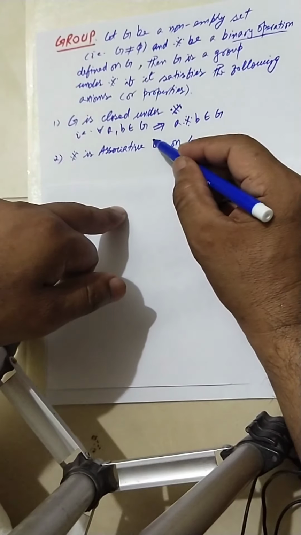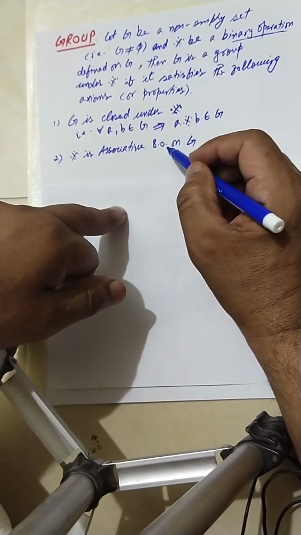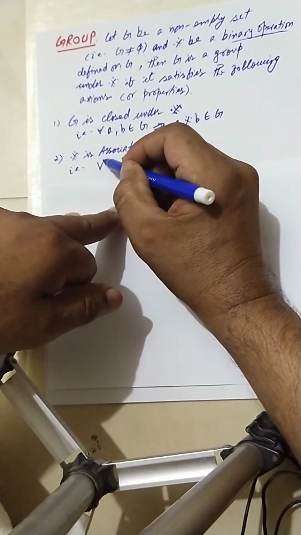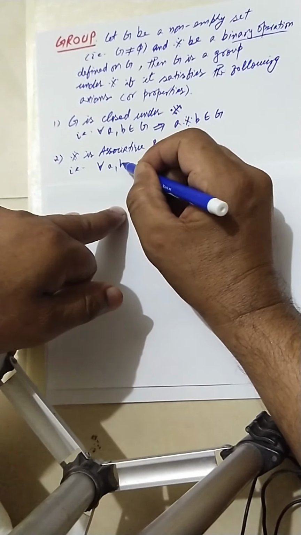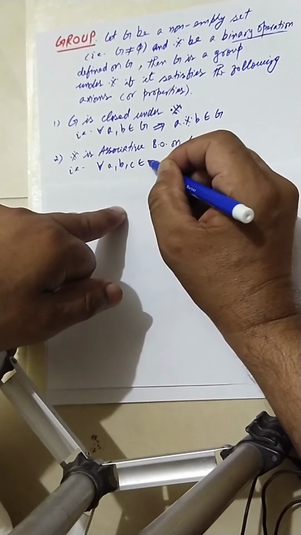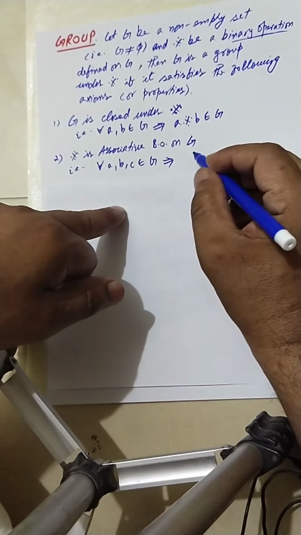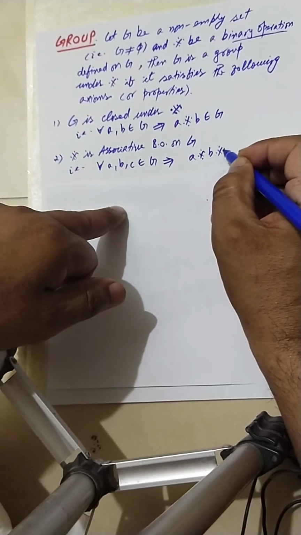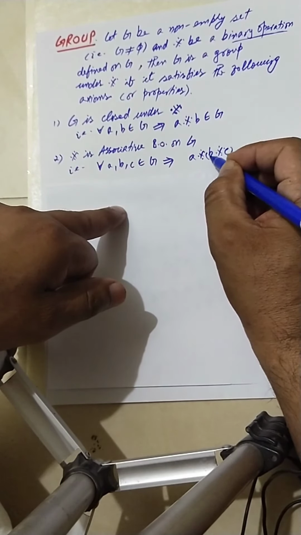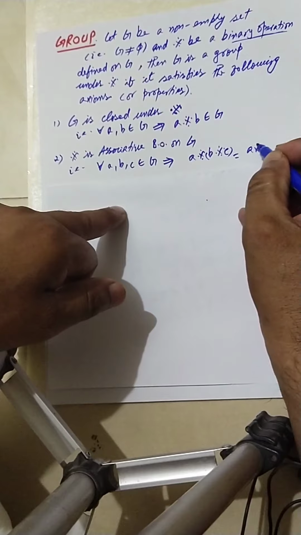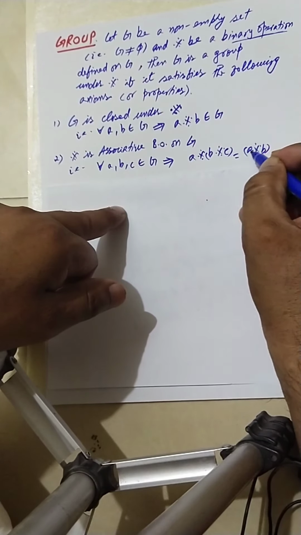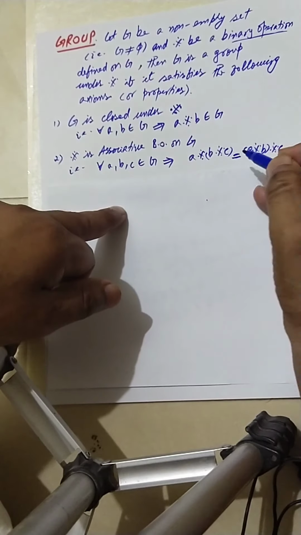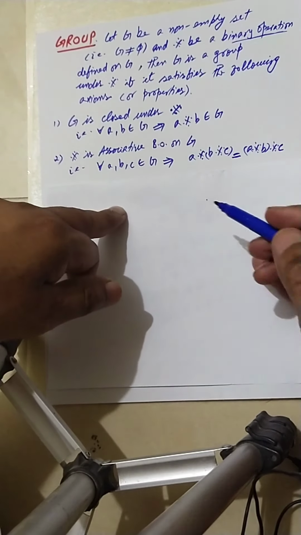BO stands for a binary operation, but * associative binary operation on G, that is, for all a, b, c belongs to G implies (a * b) * c is equal to a * (b * c). This is associative.